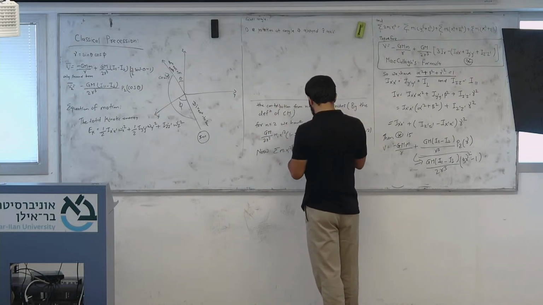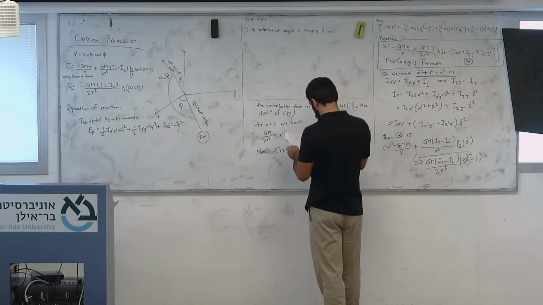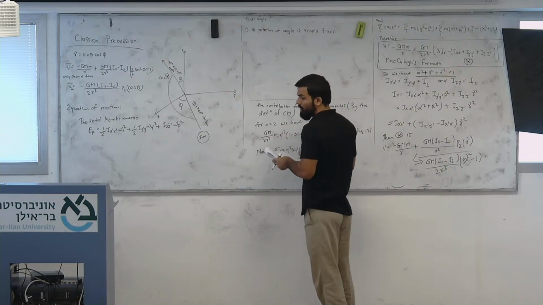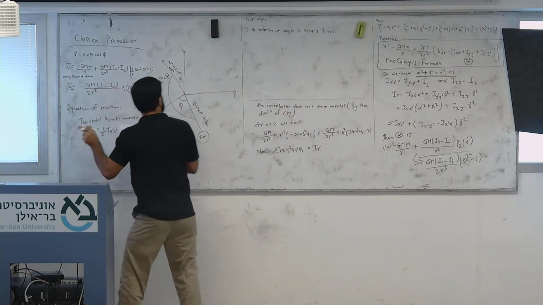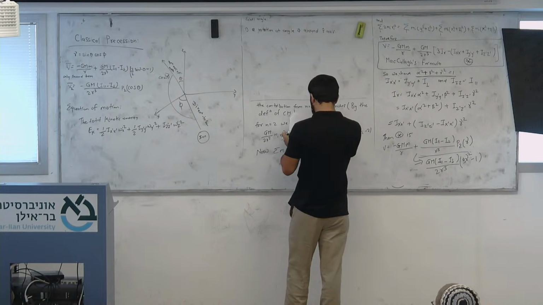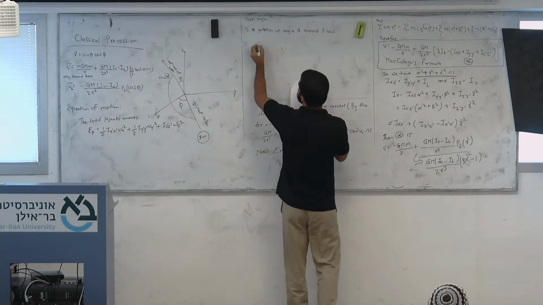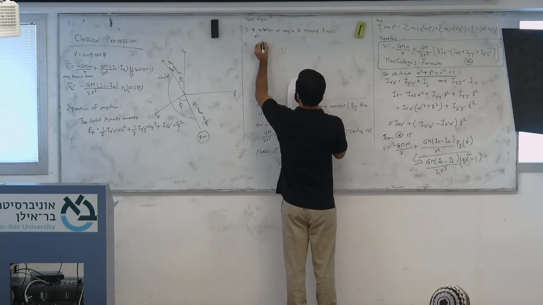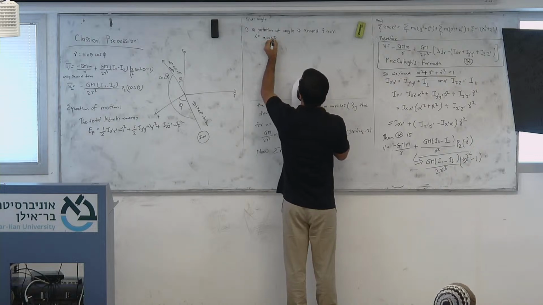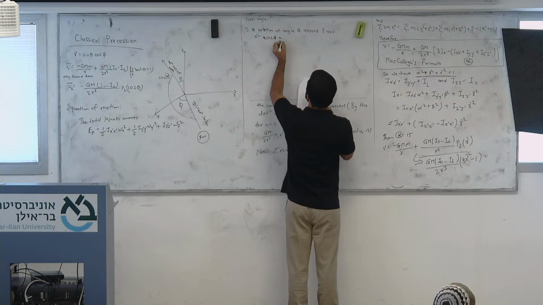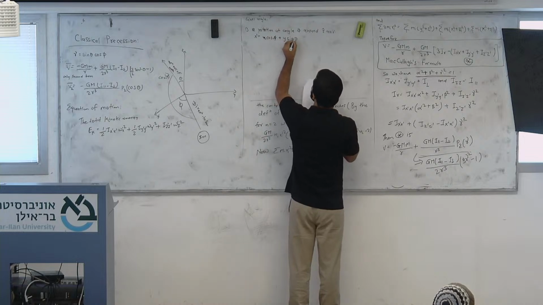Oops, I rotated by one page. I don't think I'm going to finish, but I have to finish because I don't have any more time. So x prime is x cosine of phi plus y sine of phi.